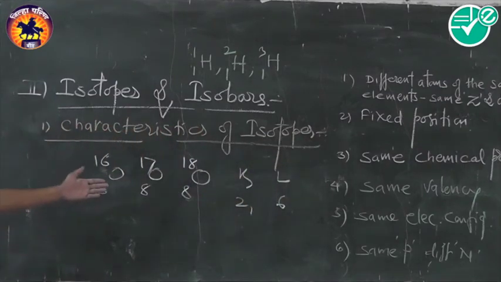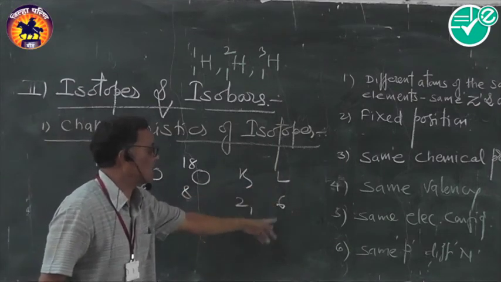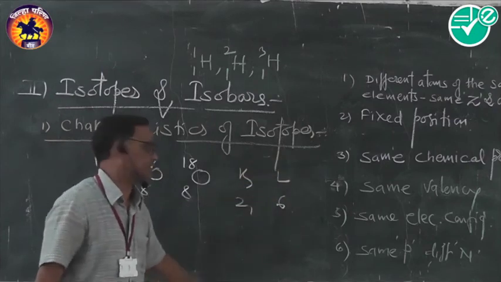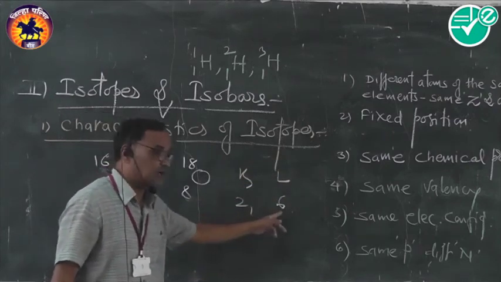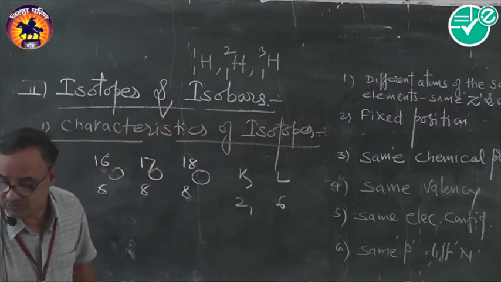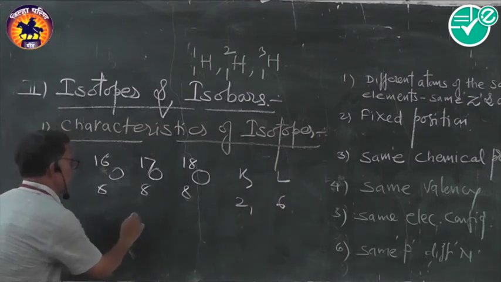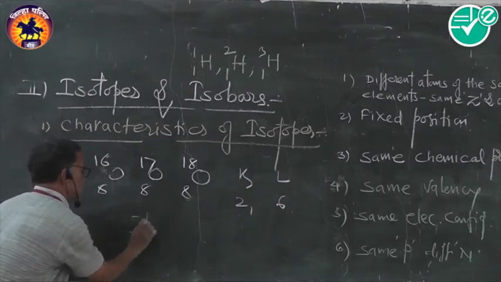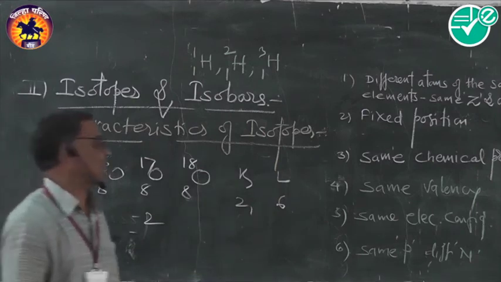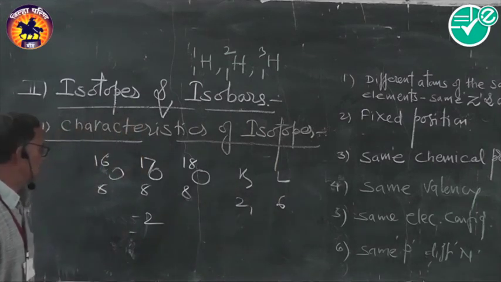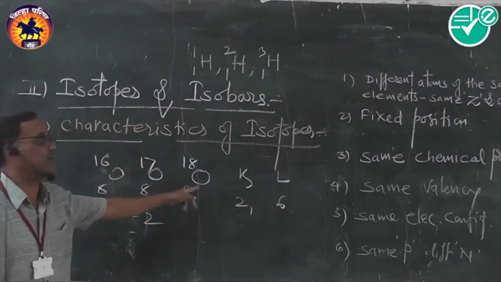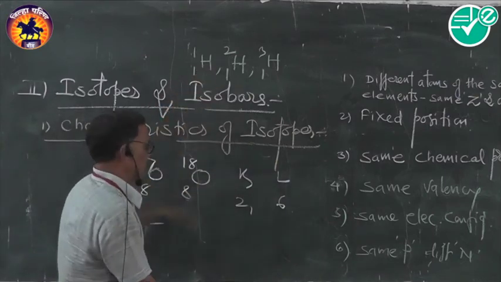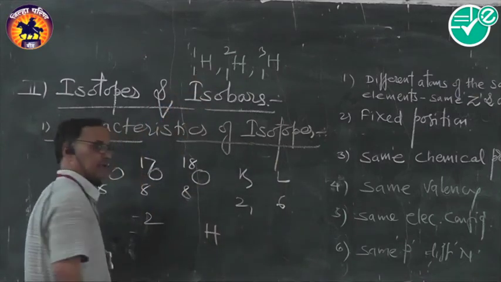Oxygen contains 6 electrons in the valence shell, that is L, the outermost orbit. It requires 2 electrons, so the valency of oxygen is -2, for all the isotopes.